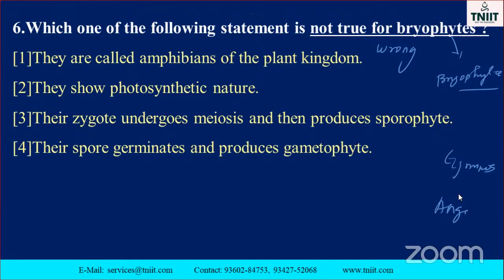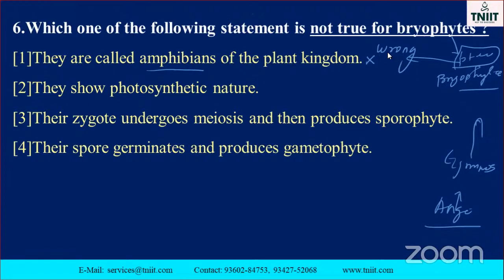And angiosperm is the last one. So before that, Bryophyta. Before this one, Pteridophyte. Okay, Pteridophyte. Listen. They are called the amphibians of the plant kingdom. Here they asked which one is true only. This is not amphibian, because which one is the amphibian? Pteridophyte is the amphibian plant. So it is the wrong one. Sorry. They are called the amphibians of the plant kingdom.